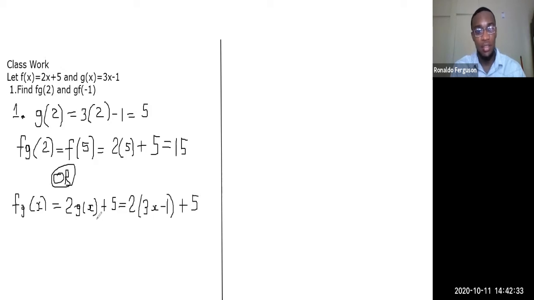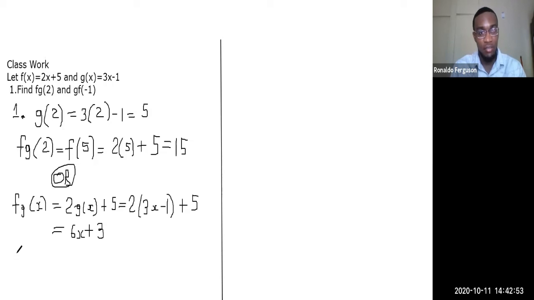And so what this is simplifying to be is 2 times 3x is 6x. 2 times minus 1 is minus 2, plus 5. Minus 2 plus 5 is 5 minus 2, which is plus 3. So that is fg of x.